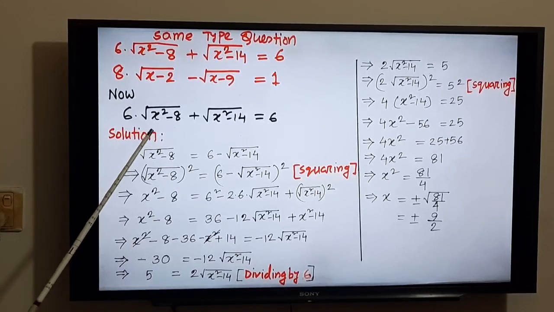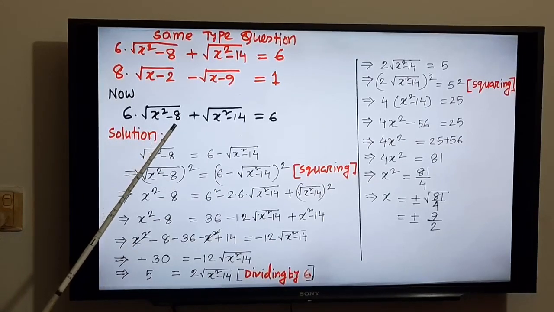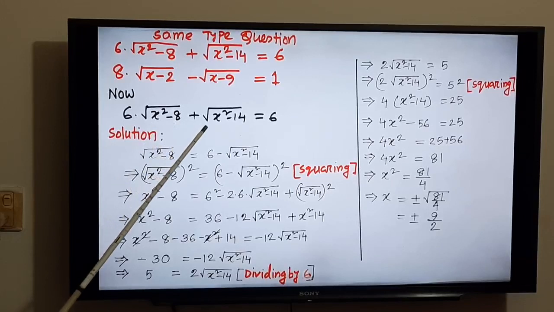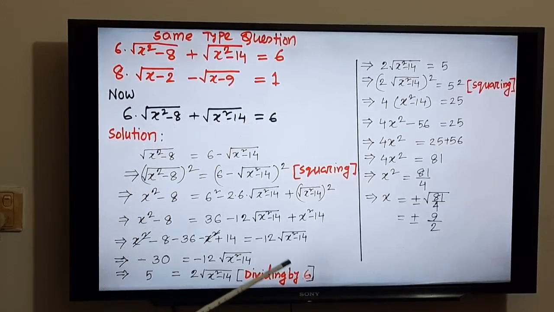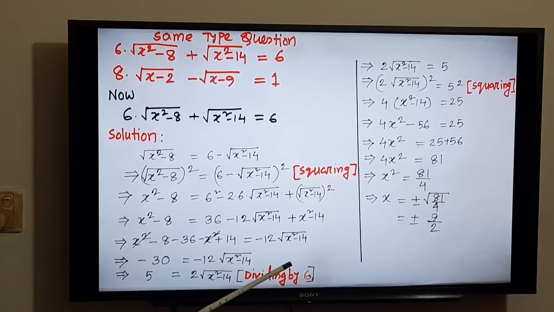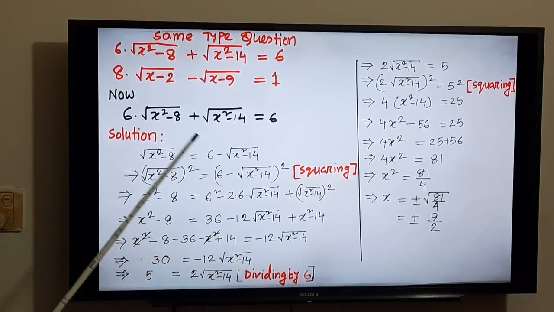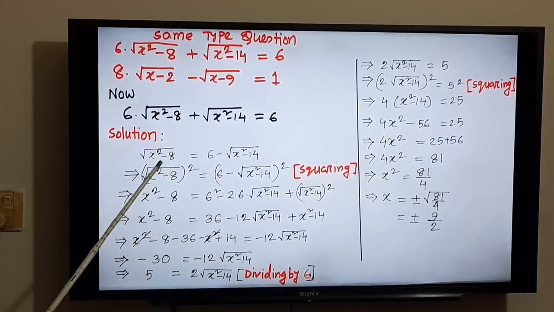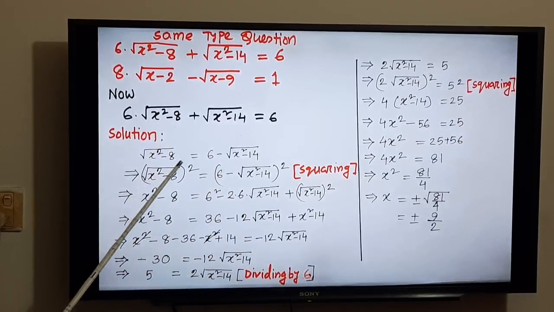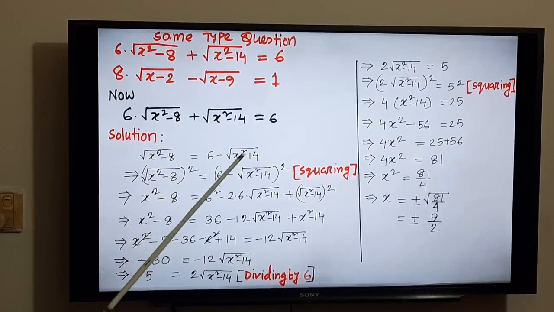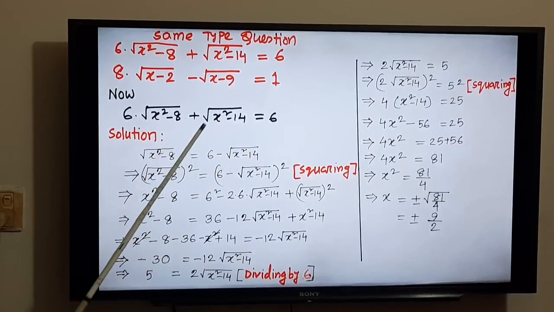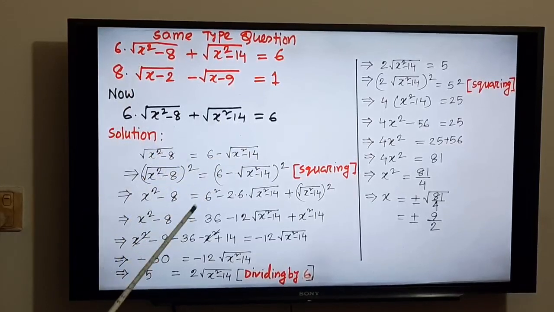Okay, root over x square minus 8 and root over x square minus 14 is equal to 6. At first, isolate the radical term if needed. Then convert root over x square minus 14 from the left hand side to the right hand side.